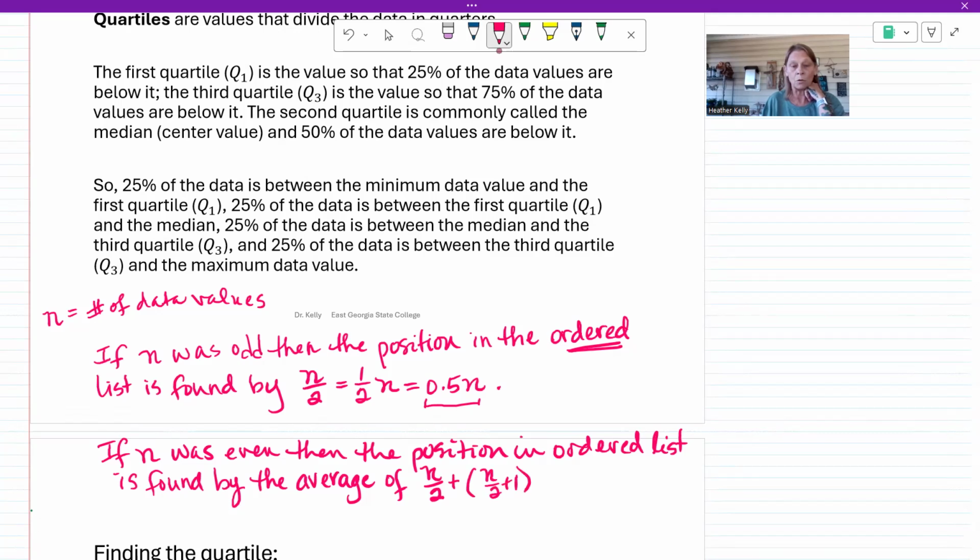So in other words, the middle and the next one. So the middle and its subsequent term.